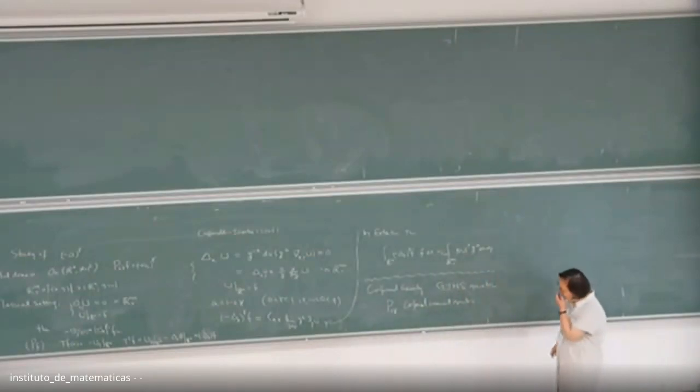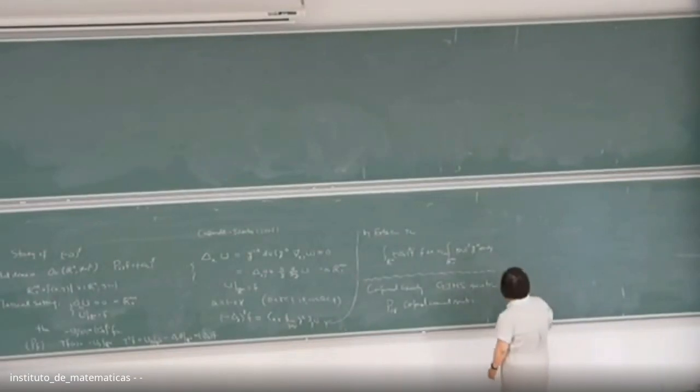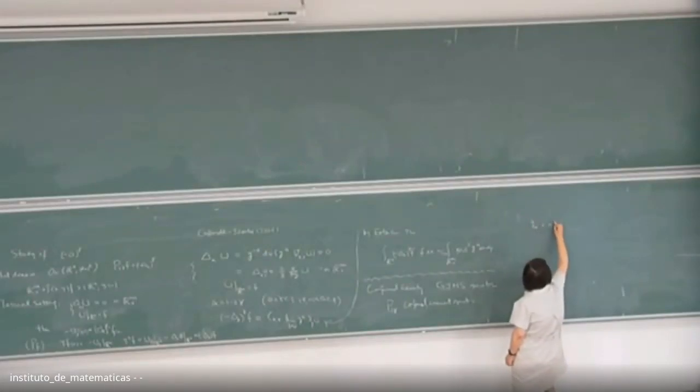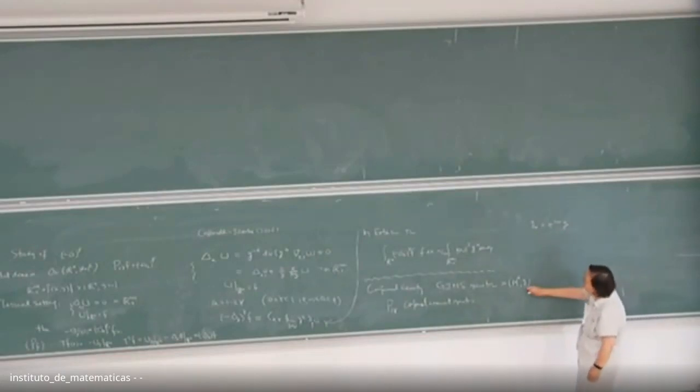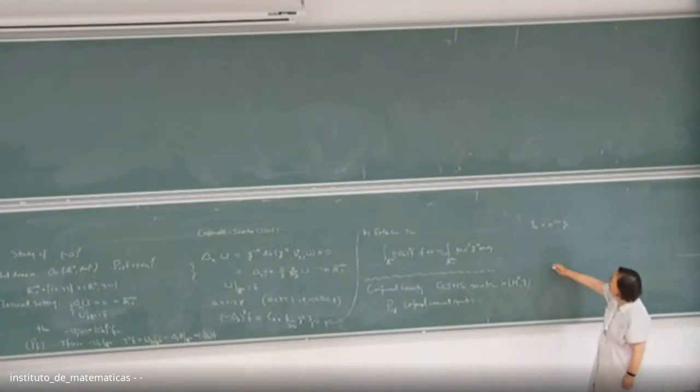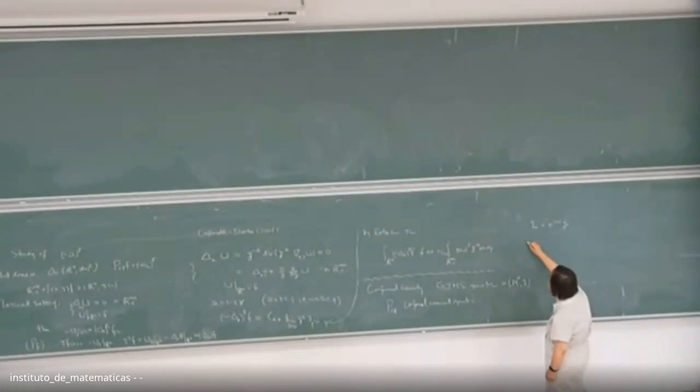And the important thing of this operator is that it is a class of conformal covariant operators. What does that mean? Suppose we talk about conformal geometry. Given a metric g on M, and if we look at g_w equal to e to the w g, then this operator has the following property.